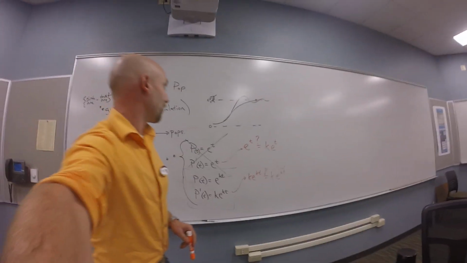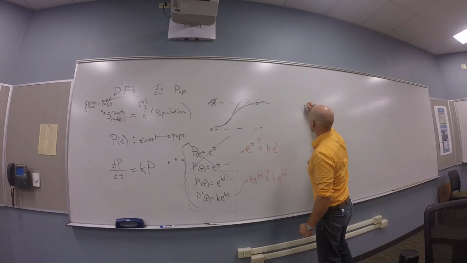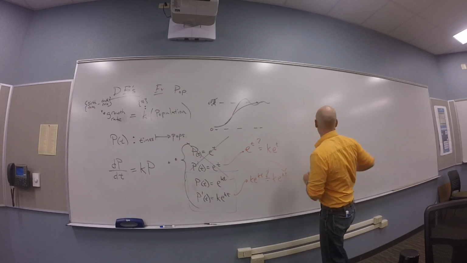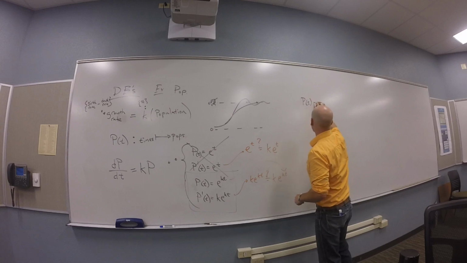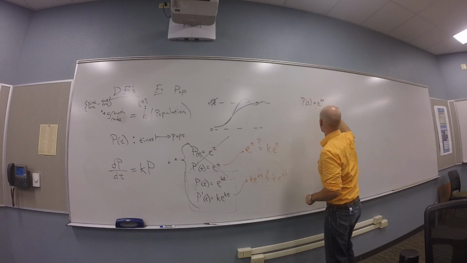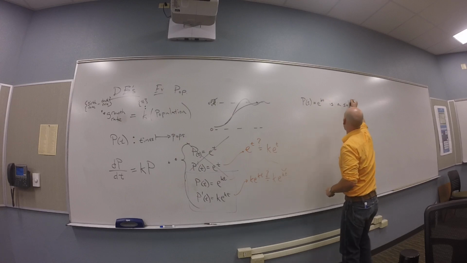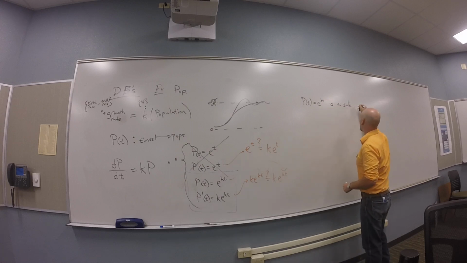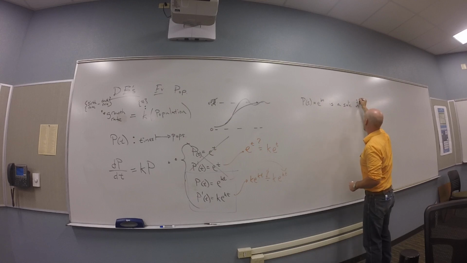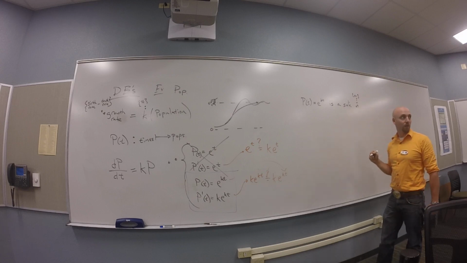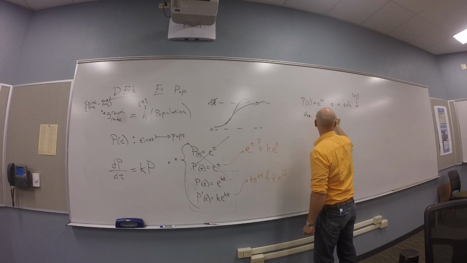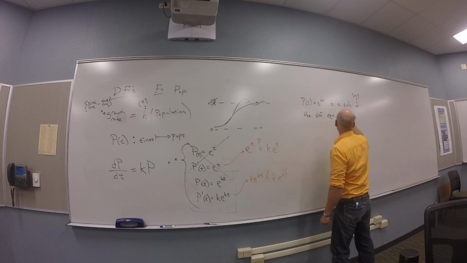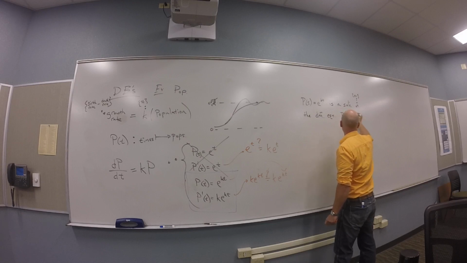If I'm being extremely precise, I would say P of t equals e to the kt is a solution of, or maybe to, that would also be a reasonable phrasing, the differential equation P prime equals kP.